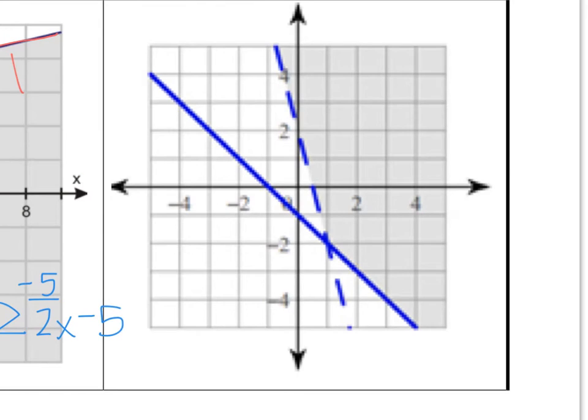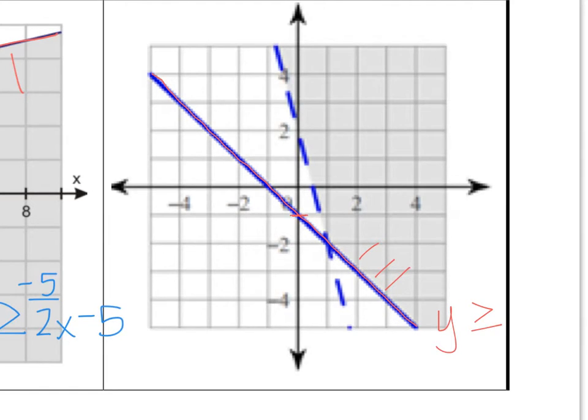Okay, graph number 2. So we'll look at this solid boundary line right here. It's solid and everything is shaded above, and the whole thing is not shaded. If we were to shade this whole boundary line, it would be that section right here. But this graph is just showing the intersection of the shaded areas of the two inequalities. So we know that this one is going to be y is greater than or equal to whatever the equation is.